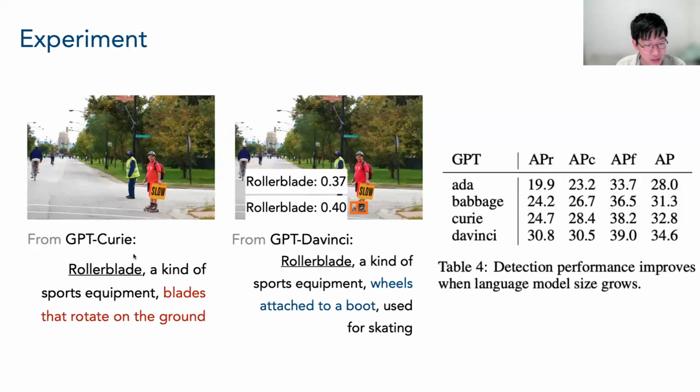If you give a prompt from GPT Curie, you get "a kind of sports equipment, blades that rotate on the ground," which is not correct. But if you give it the Da Vinci one, the model will give you an accurate prediction. We think that's very interesting.